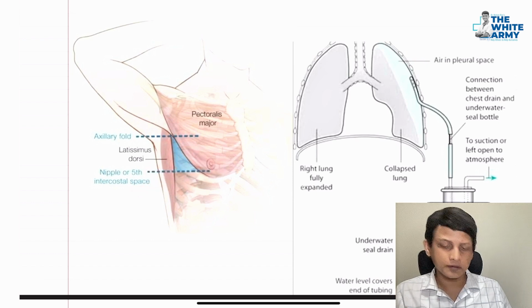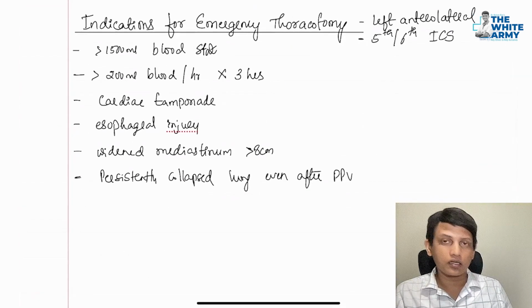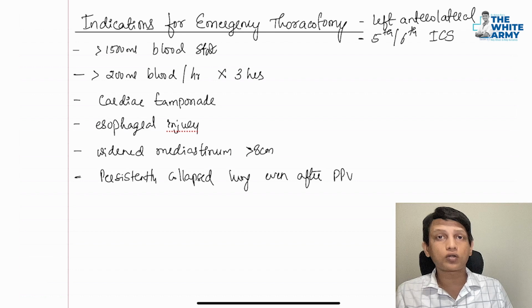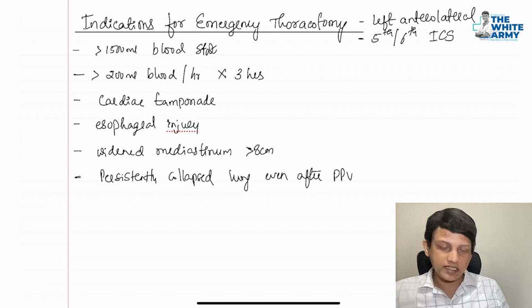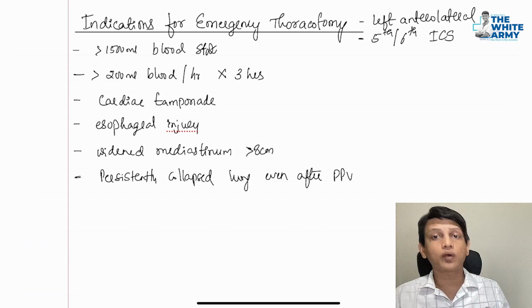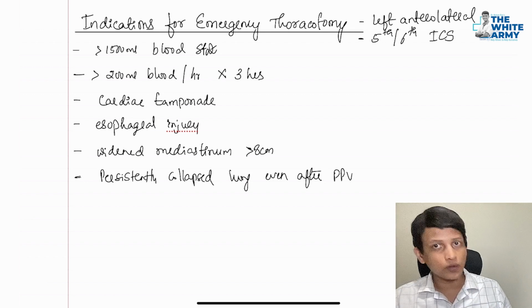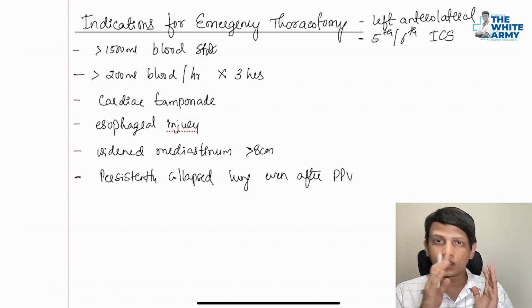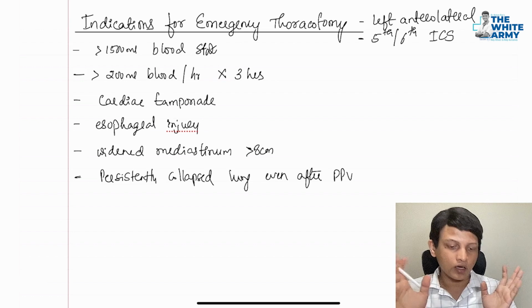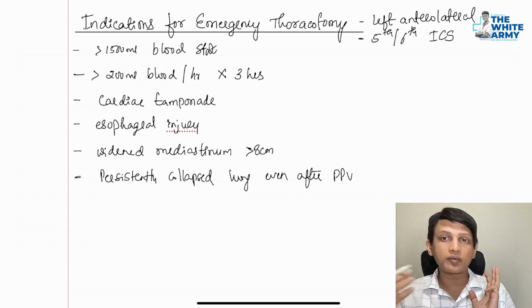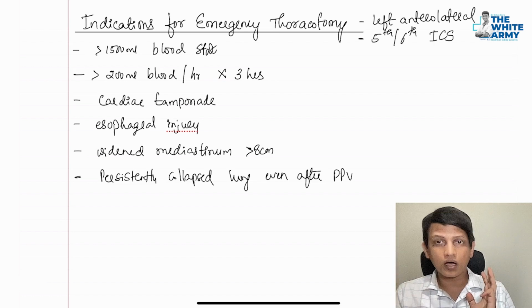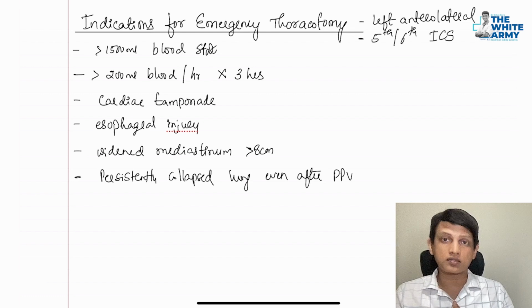Hope it's clear. And when do you do emergency thoracotomy? When you insert the ICD, if immediately more than 1.5 liters comes out, you have to take the patient to the OT for emergency thoracotomy. Or more than 200 ml of blood comes per hour for 3 consecutive hours.